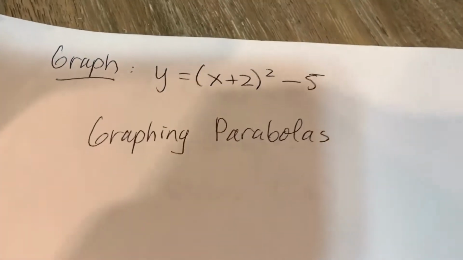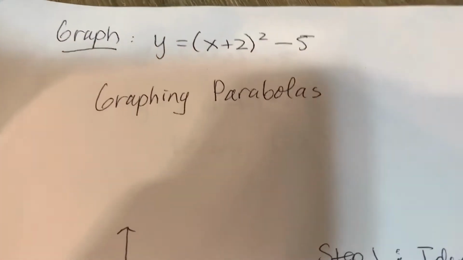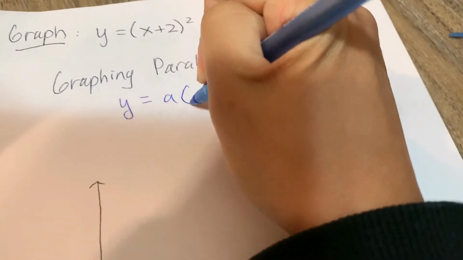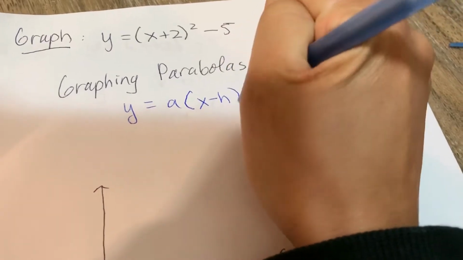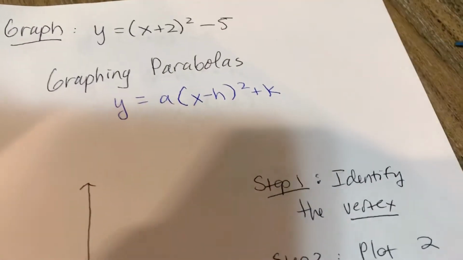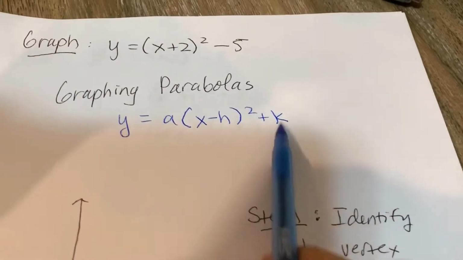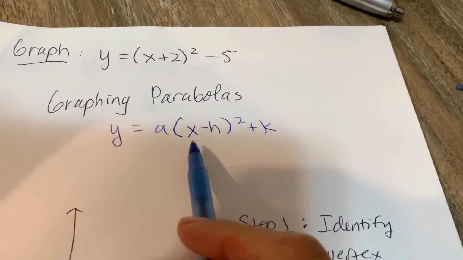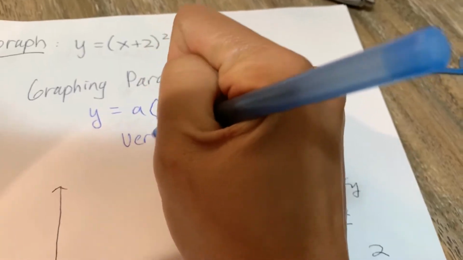So the first thing you need to know how to do in graphing parabolas is, what is the formula for graphing a parabola? And the formula is this. If an equation is in the form of this, there's several things you can know looking at a parabola of this form. The first thing you would know is the vertex.